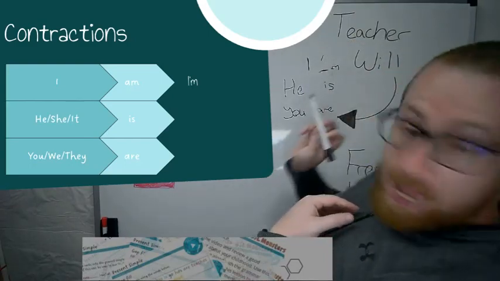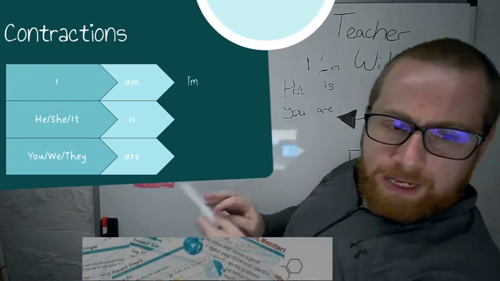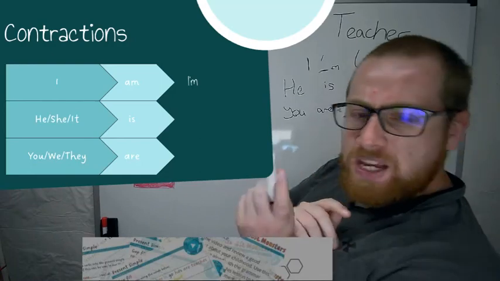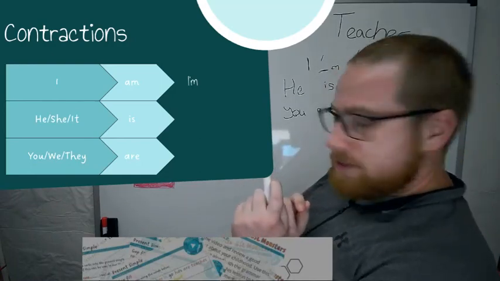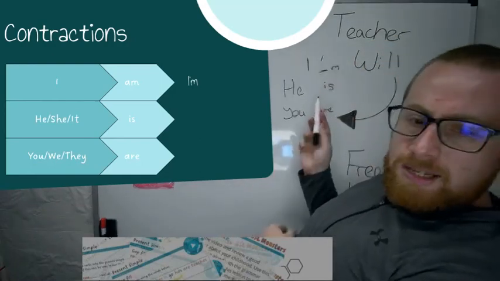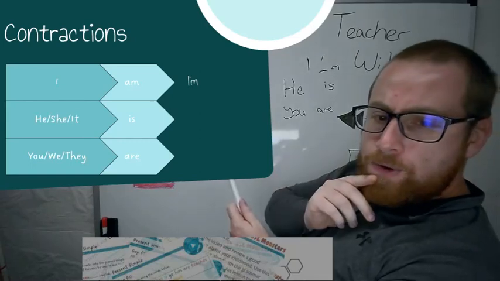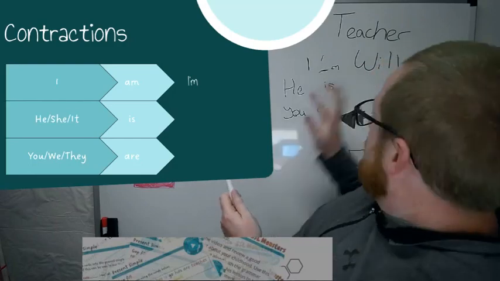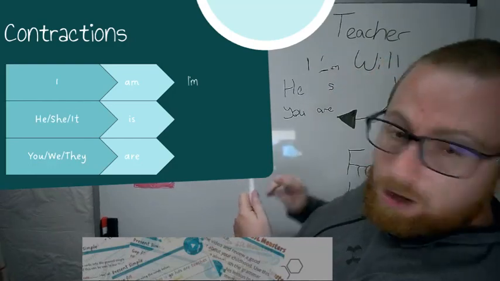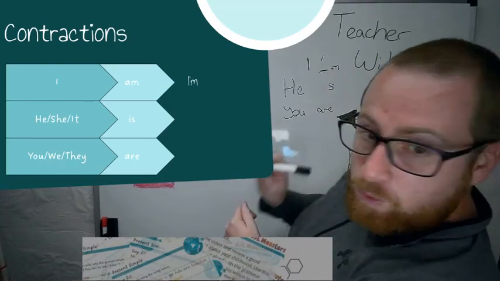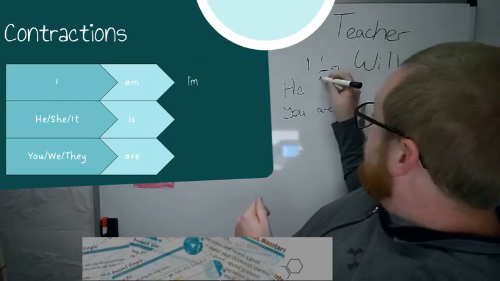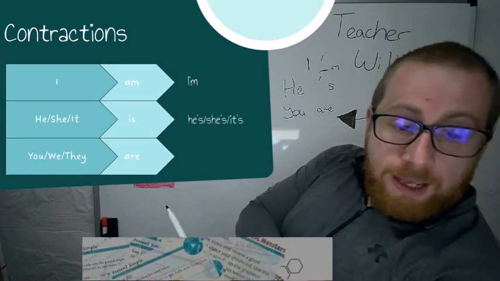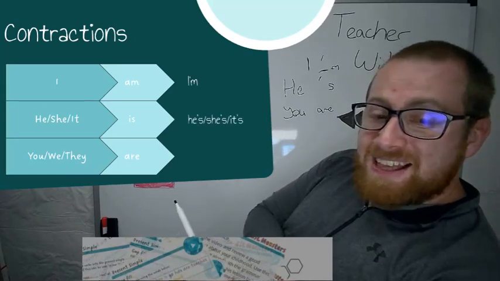Get rid of the A, add an apostrophe. If we use the same idea with he, she, it is, what could we do? We can get rid of a letter. Get rid of I and add what we call an apostrophe. He's, she's, it's.